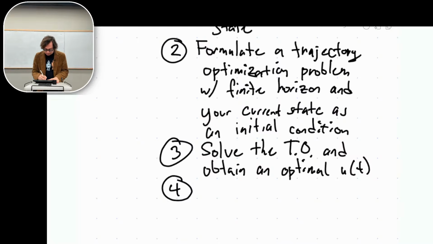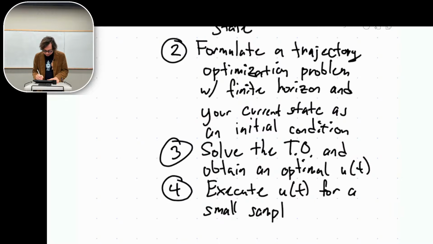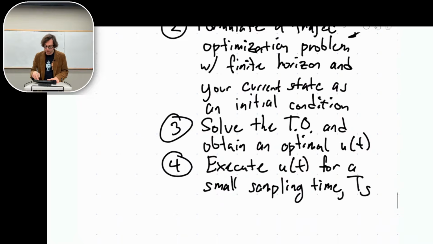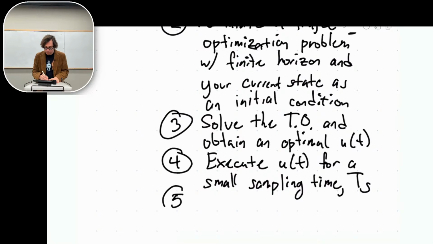So execute U of t for a small sampling time TS. And then step 5 is you repeat. You go to 1.